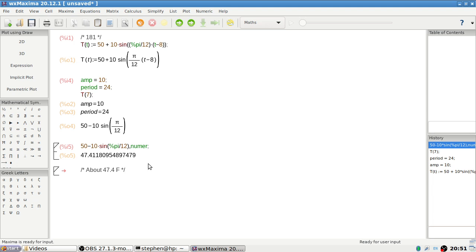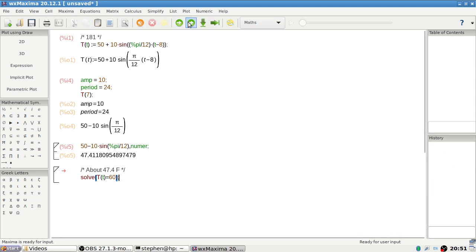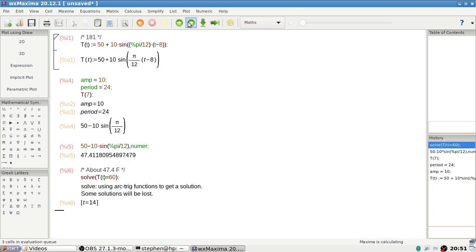Okay, and then, what time does it equal 60? Okay, so when do we get 60 here? That is at 14 hours. So the time would be 1400 hours.